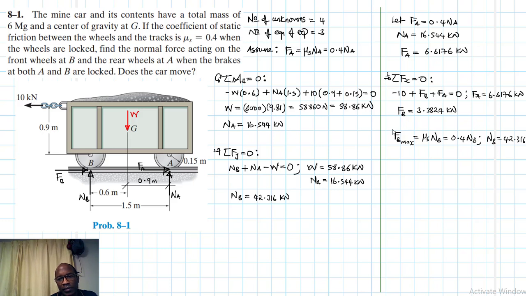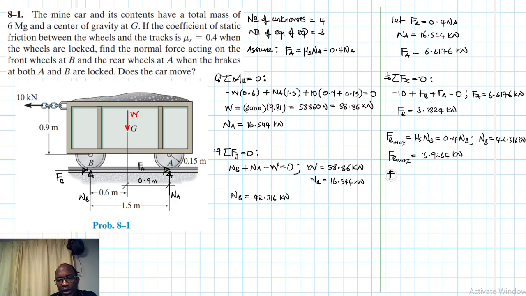Right, so that's the value of our NB there. Okay, so therefore FB max is just going to be equal to 0.4 by 42.316. So this gives us 16.9264 kilonewtons.